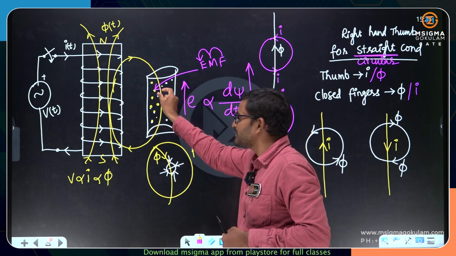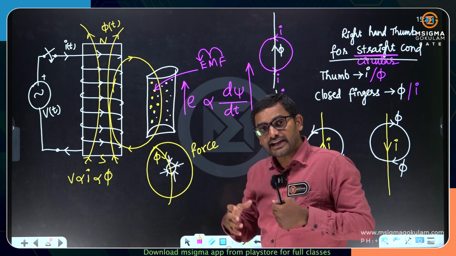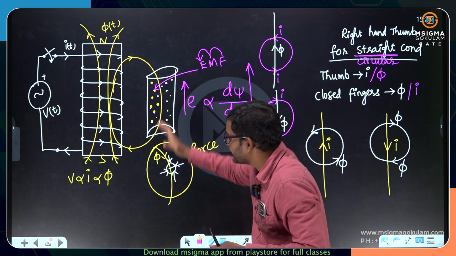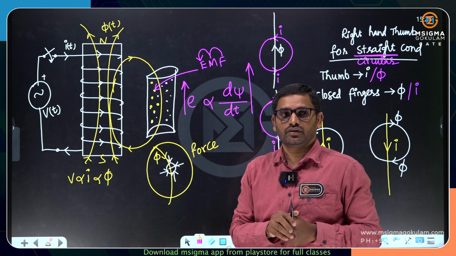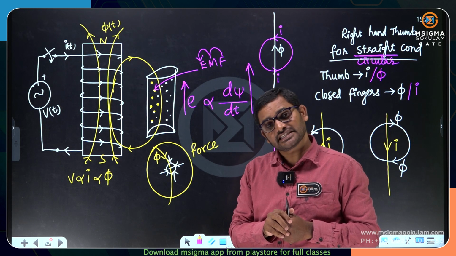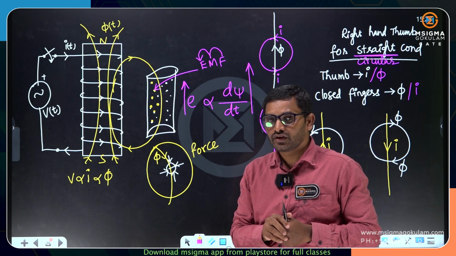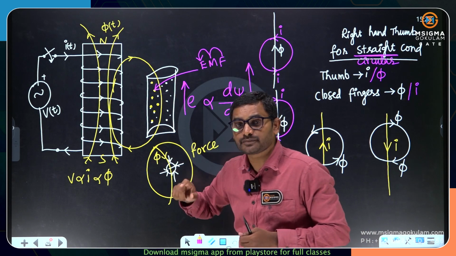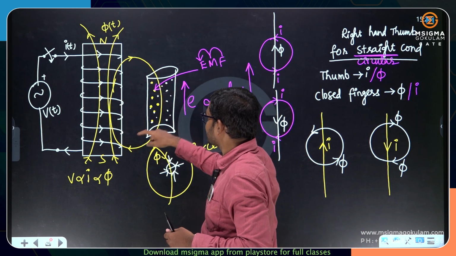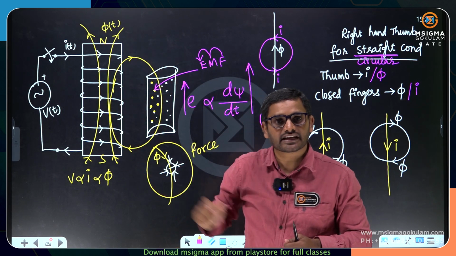So this force depends upon what? Will you get force on each and every electron in the conductor? No. The force on the electron depends upon the strength of the flux lines linking with the conductor.